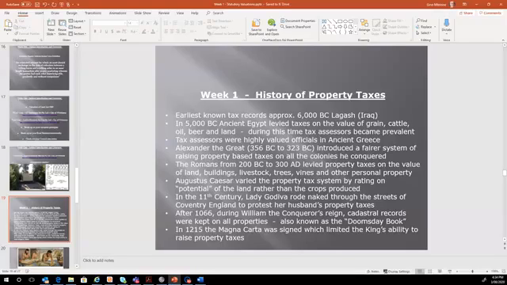So already between 200 BC and 300 AD, you see the system expanding. Governments are trying to collect more than they were previously. I suppose by that stage, property owners started to get a bit annoyed at the amount of taxes being collected.